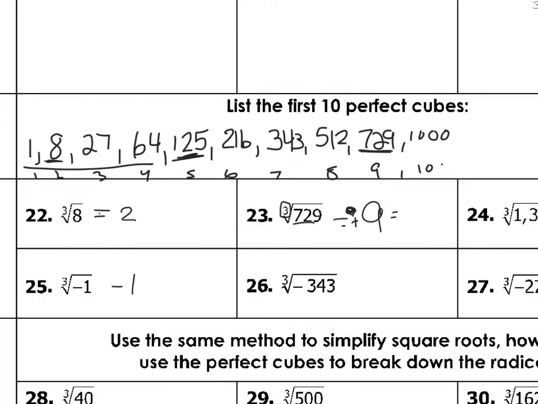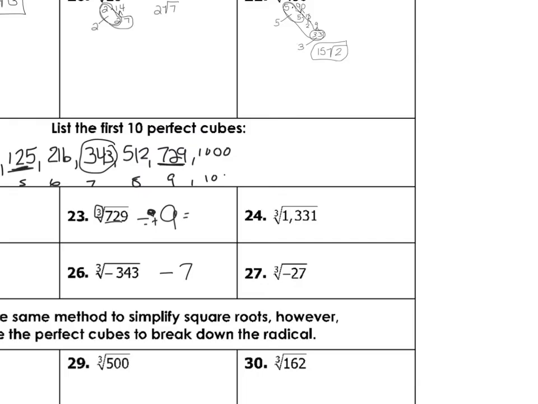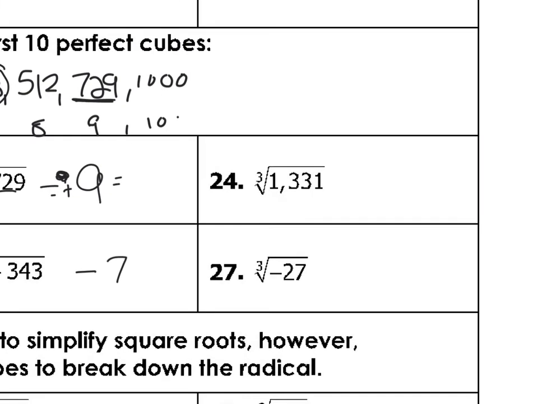All right, 343 was on our list. So we're going to put the negative and then 7. And then 1331. I bet you, what's 11 cubed?